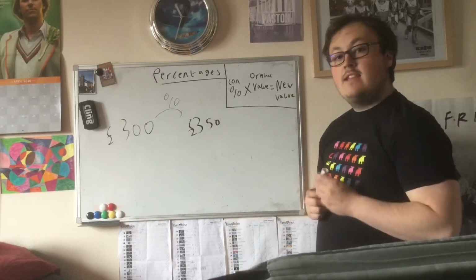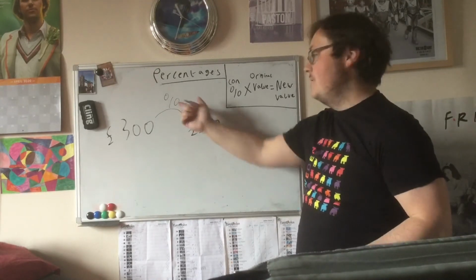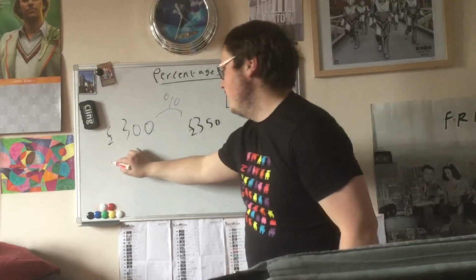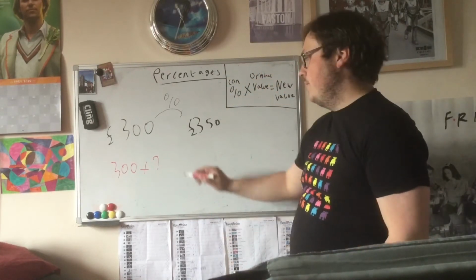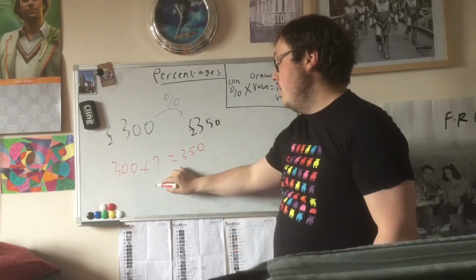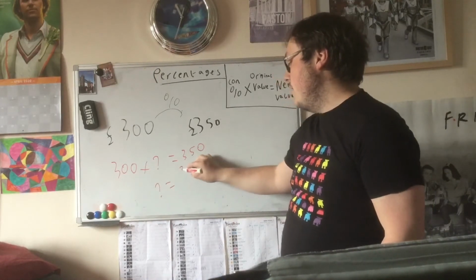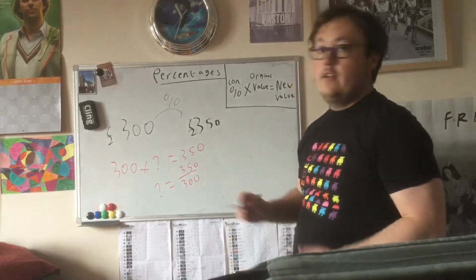So, here's how we do it. We don't convert anything because we don't have the percentage. So we're doing 300 times, we don't know, to get 350. To find our unknown, we divide 350 by 300.